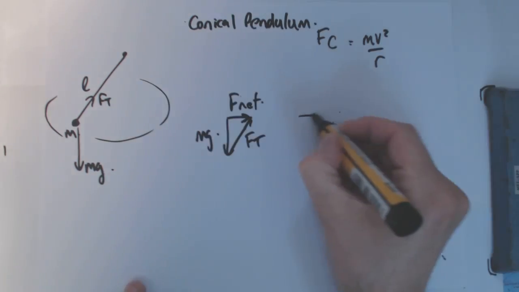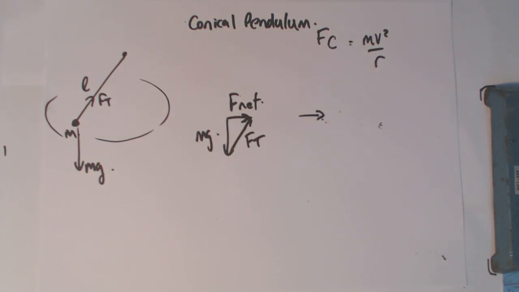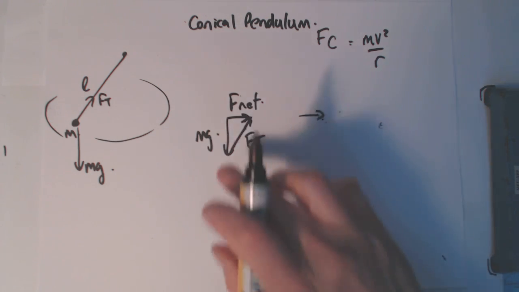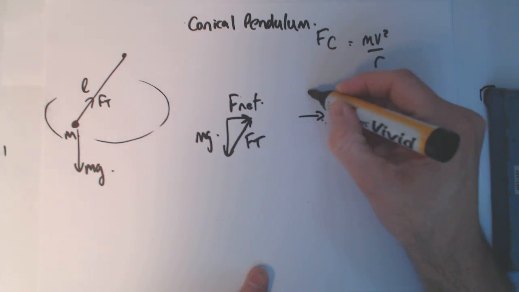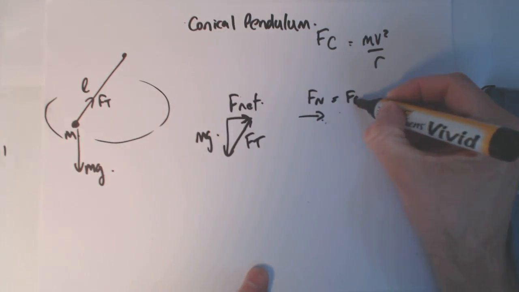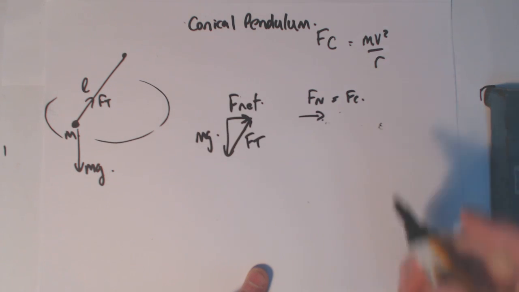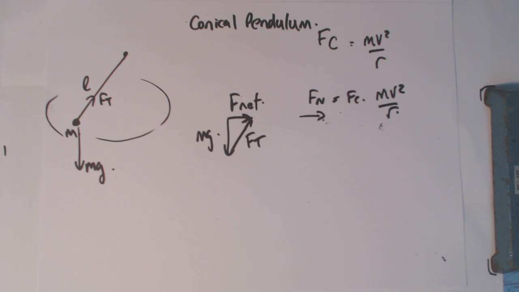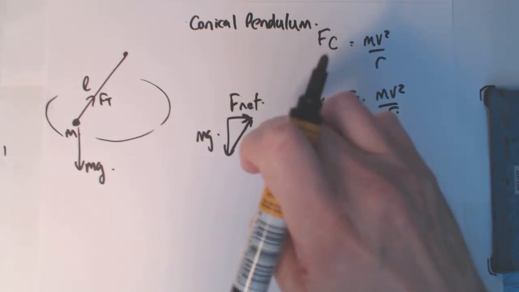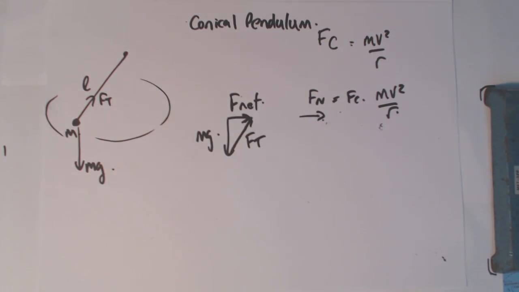Now that net force is the only force that's really operating. It is the sum of these two vectors. So that net force, F net, must be equal to Fc. That's the force that makes it go in a circle. So F net equals mv squared over r. Remember, the only two vectors that are really there are mg and Ft, but if we add them together we get F net, which is equal to Fc. So that's pretty good. We've made some good progress in understanding it.